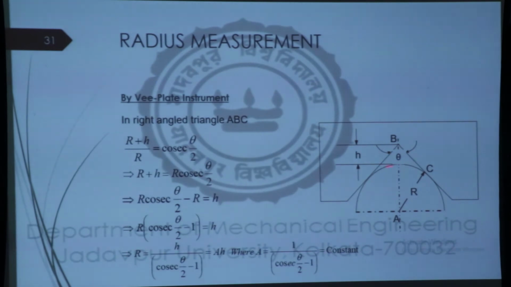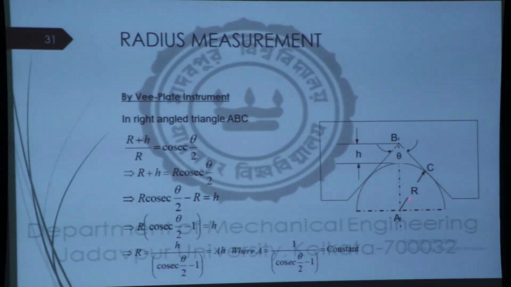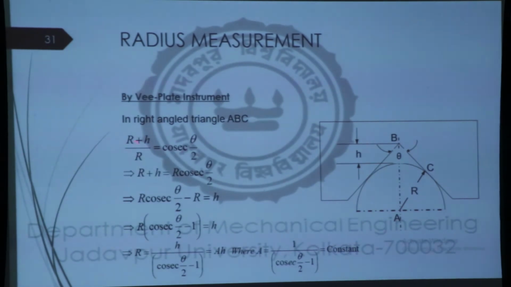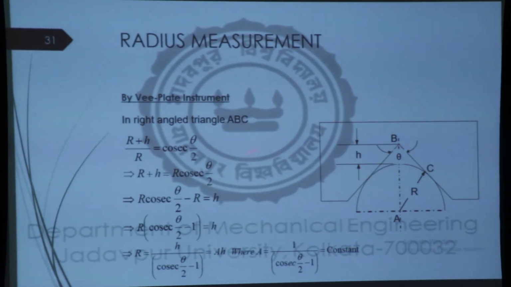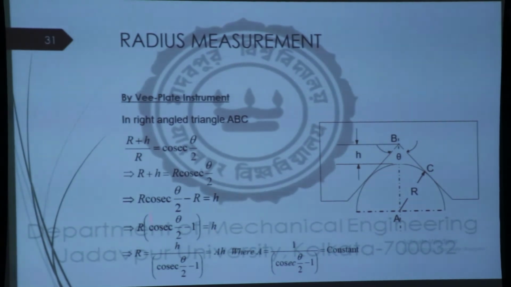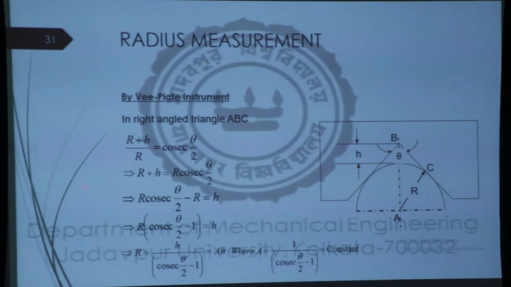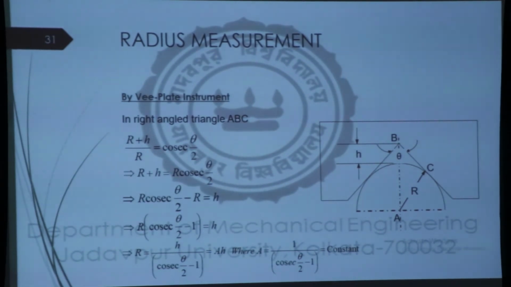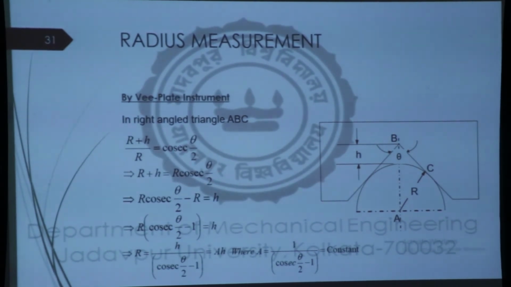Supposing the total angle is theta, you take this angle ABC as theta by 2. So cosec theta by 2 equals R plus H by R. Using a simple trigonometric relationship you can find out the R value. So, V plate instrument, fixed roller instrument, depth micrometer: these are different options available, though we are not using all the types over here.